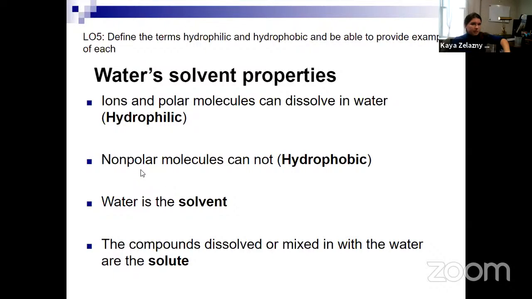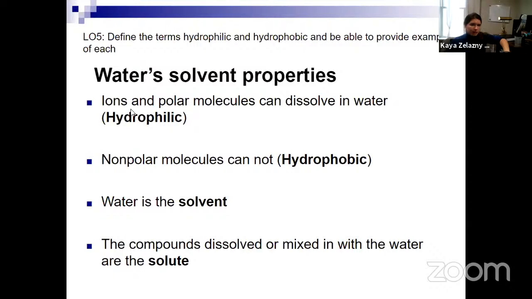When we see that, neither of the atoms have charges in these nonpolar molecules. So these nonpolar molecules are not going to dissolve in water. They're gonna stick to each other. We're gonna call them hydrophobic. So phobic, like a phobia. They're fearing the water. They stay away from the water. They just want to associate with themselves.